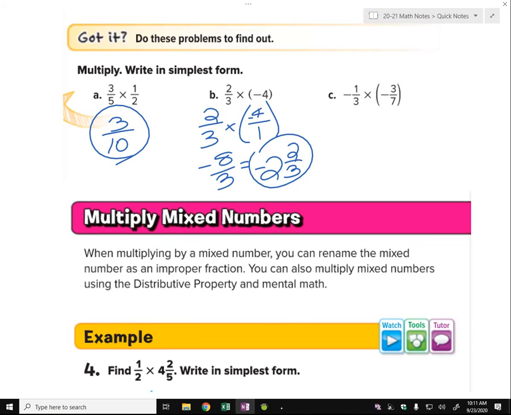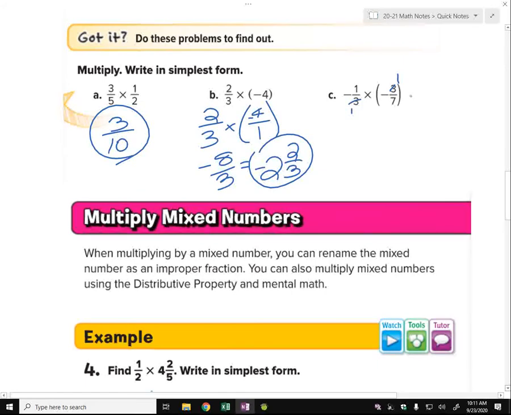And speaking of negative numbers, we have -1/3 times -3/7. So I have a negative times a negative, which means my product is going to be what? Positive. So for this one here, I have a common factor, so I'm going to reduce by the common factor starting off. Divide that by 3. Divide that by 3.